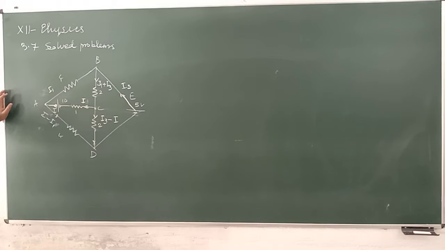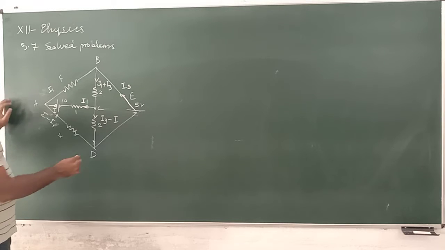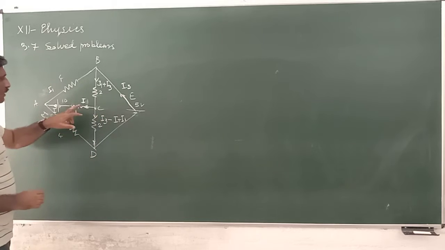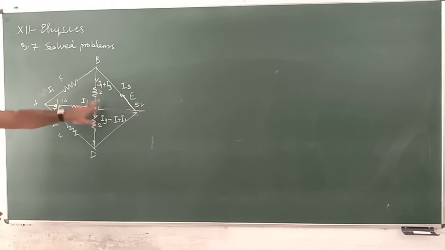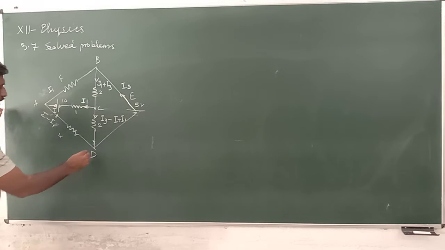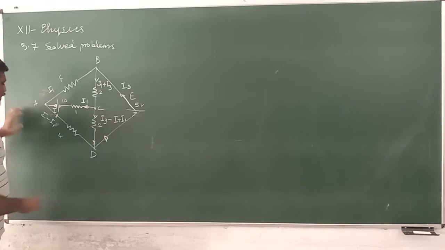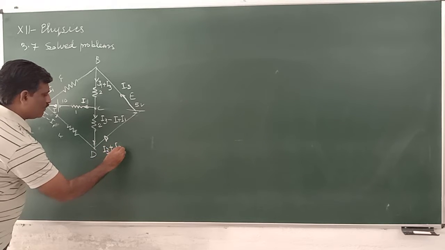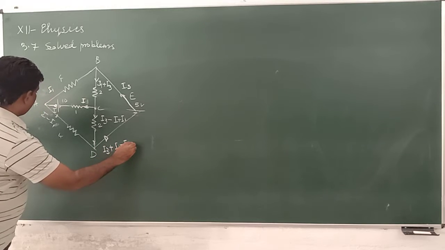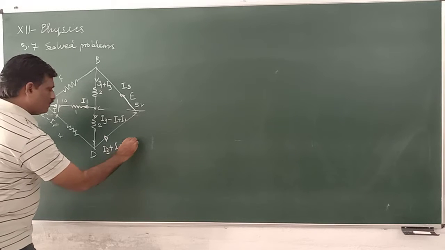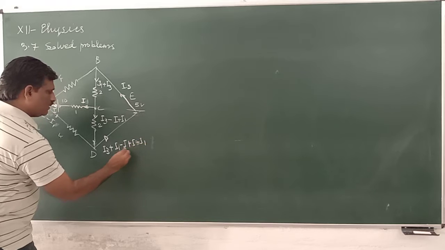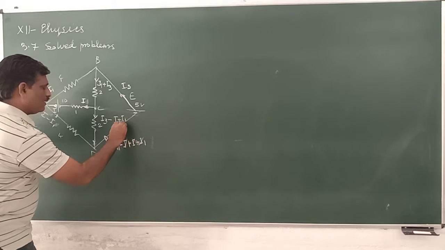So when we are taking it, plus I1 to this one, I1 went to this side. So I3 minus I plus I1 will come here. To this one, you can simply see I3 minus I plus I1, and this is added, plus I minus I1. You can check this one very clearly.